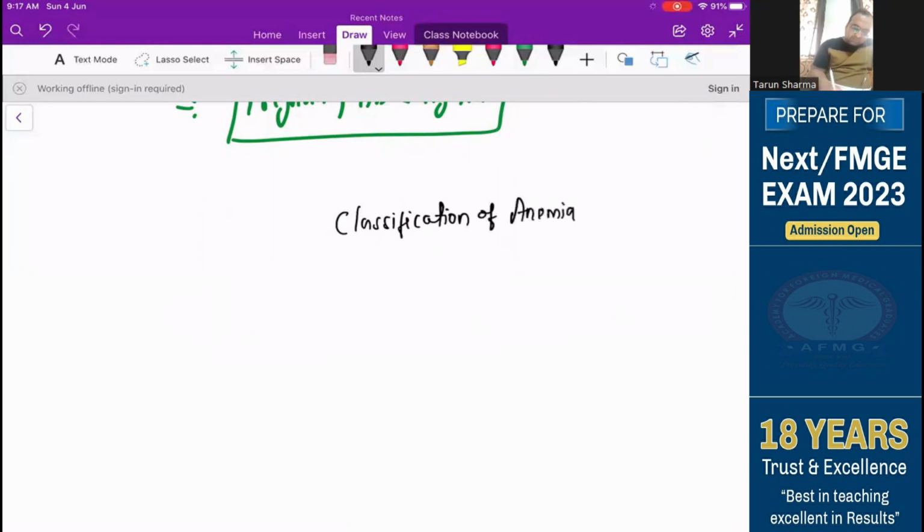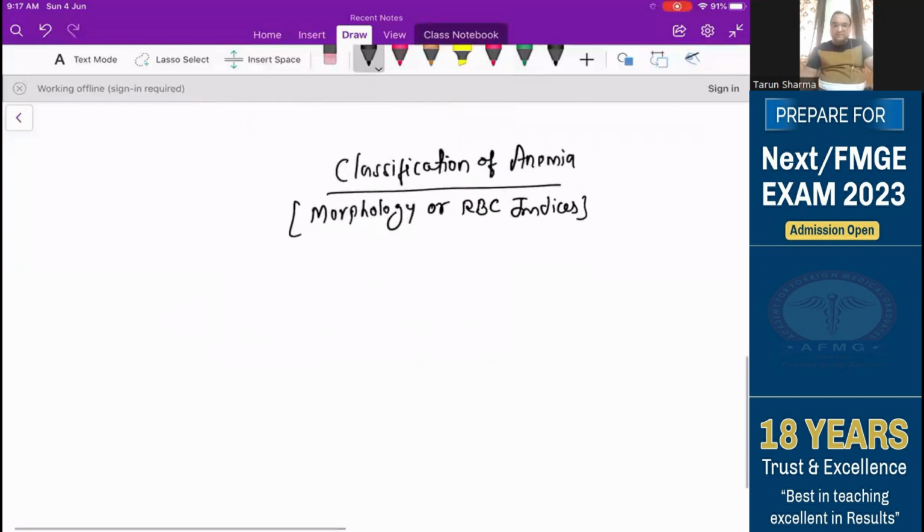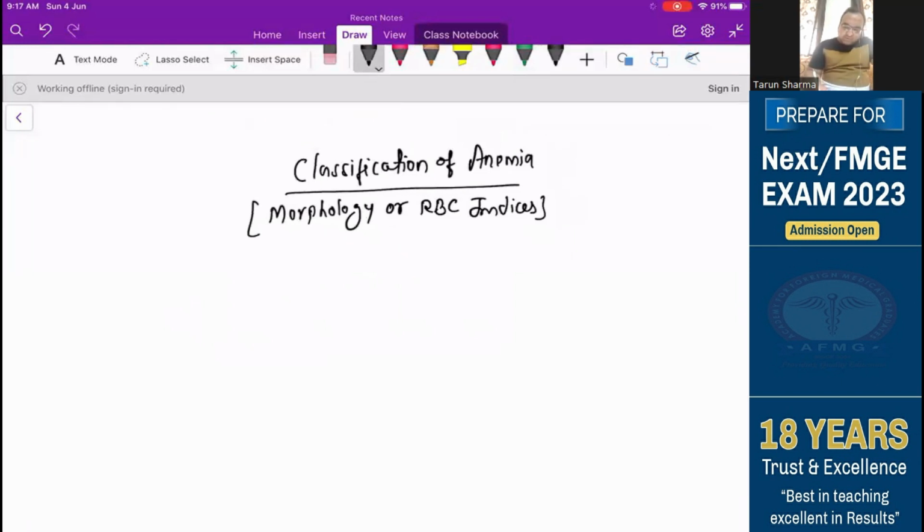And what is the basis of this classification? The basis of this classification is the morphology of RBC, or you can say it is also based on RBC indices. So what RBC indices do we have here?